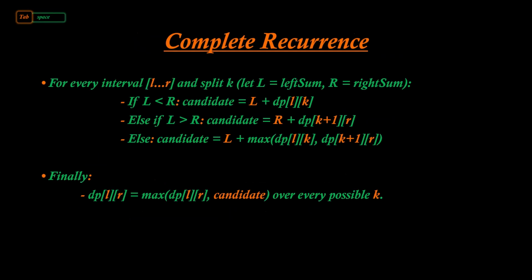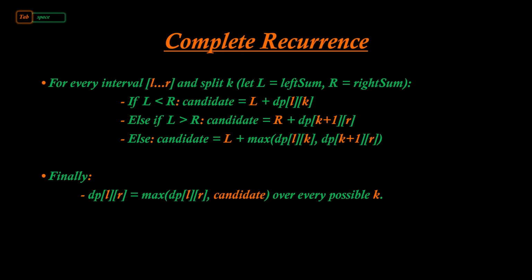We can now combine all three cases into one recurrence. For every interval [L, R], we try every possible split k. Let capital L represent the left sum and capital R represent the right sum. If capital L is smaller than capital R, the candidate is capital L plus dp[L][k].